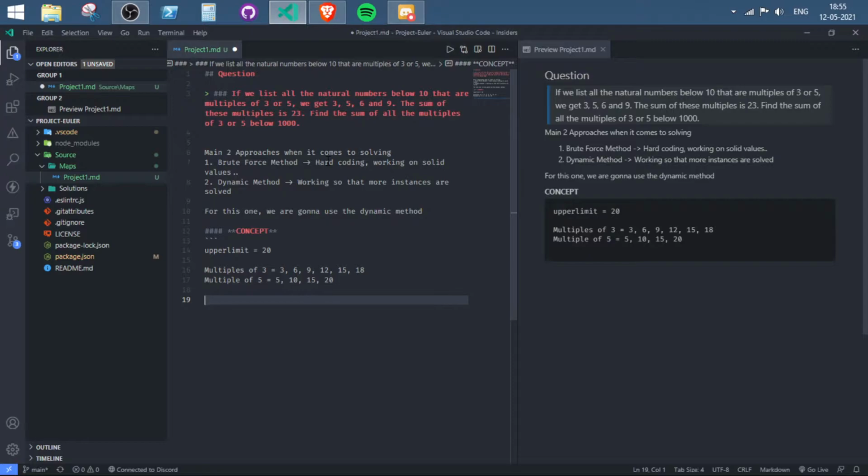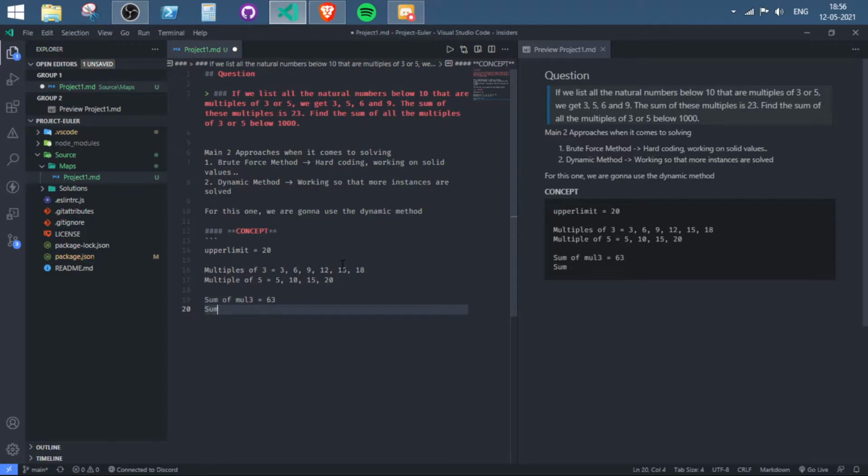Now if you add them up, let's calculate it. 3, 6, 9, 12, 15, 18: the sum of multiples of 3 is 63.